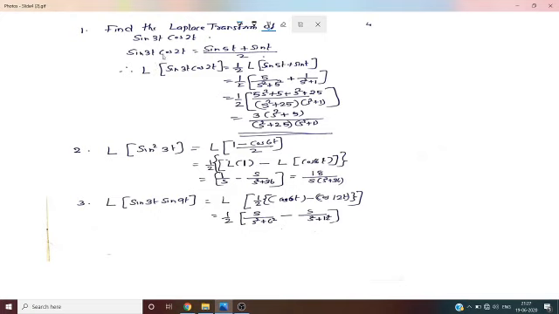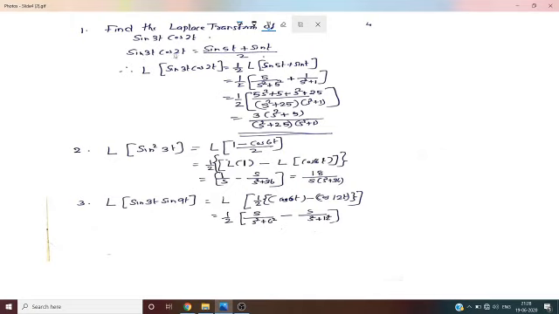We cannot directly find the Laplace transform of sin 3t cos 3t, but we know the Laplace transform of sin at or cos at, etc. So, we can change sin 3t cos 3t.